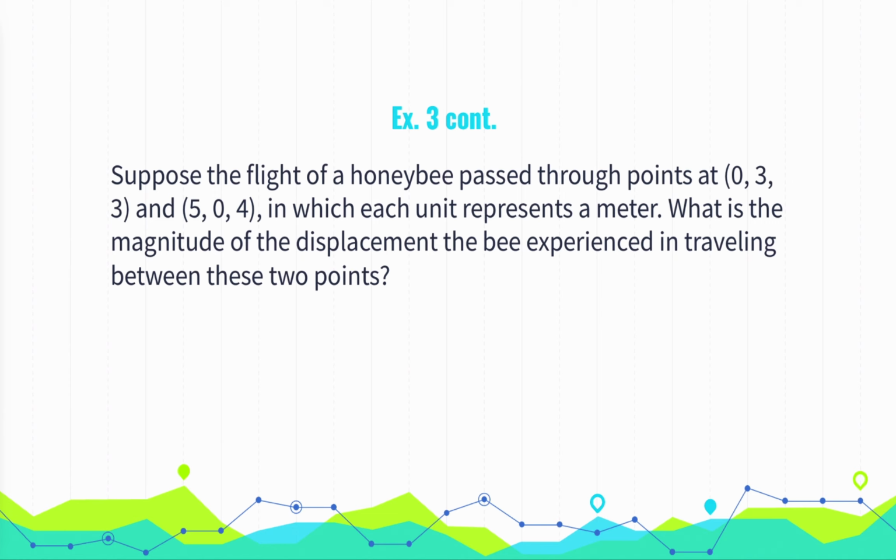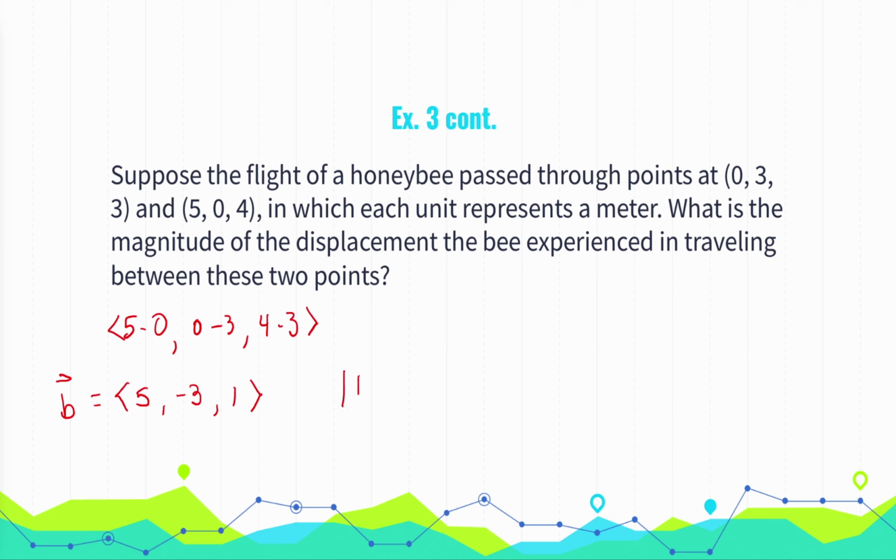First of all, we need to find the vector that goes through these points. So we're going to do the second vector minus the first vector. So 5 minus 0, 0 minus 3, 4 minus 3. And that gives us the vector <5, -3, 1>. We'll call this vector B because I think I'm funny.